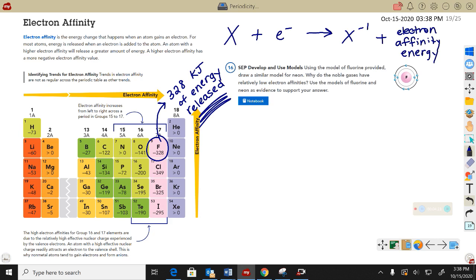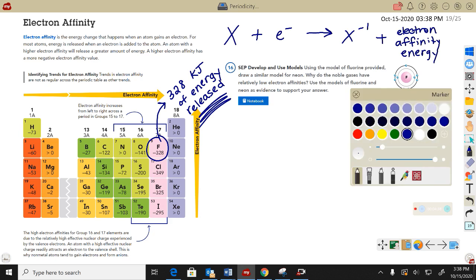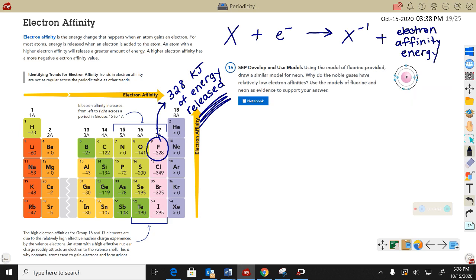We're talking about gaining electrons. And in this number 16 question, they have a picture of a fluorine atom. If I think about the electron configuration or the orbital diagram of fluorine, fluorine should have 7 valence electrons, or a total of 9.